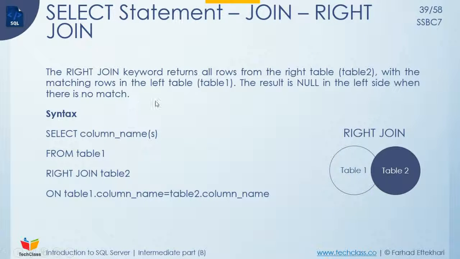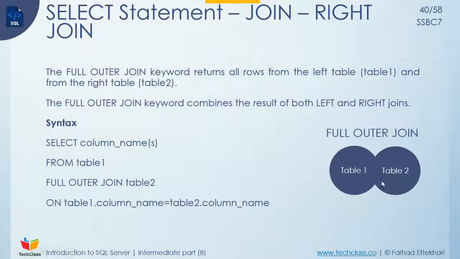And also right join, which is very similar to left join but in the opposite direction. And here is the syntax that you can use for this right join. So the only difference is this left and right keyword here.